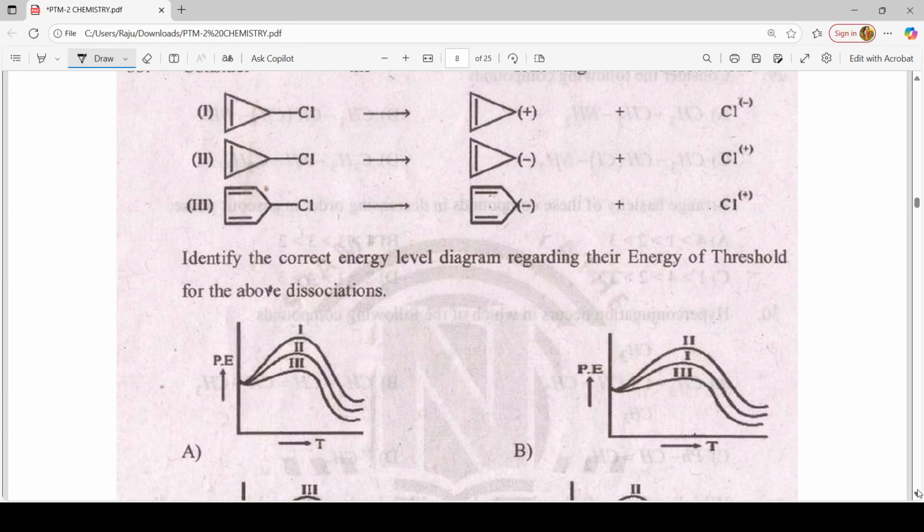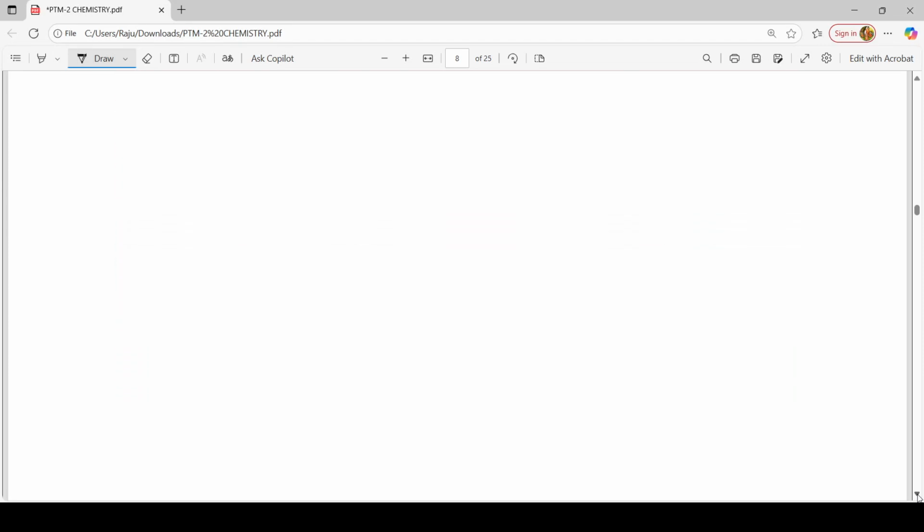You just come to the case of the cyclopropenyl carbocation, cyclopropenyl carbanion, and cyclopentadienyl carbanion. First, the cyclopropenyl carbocation: here all carbons have sp2 hybridization.